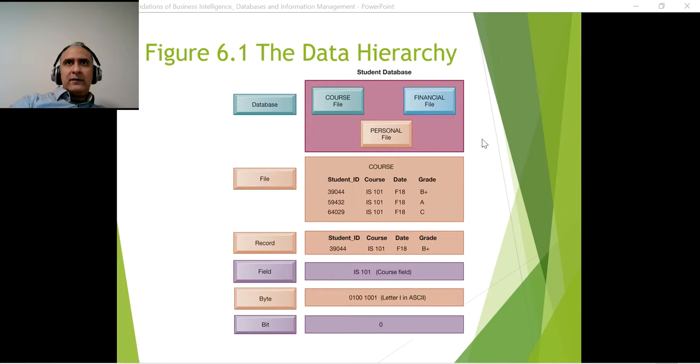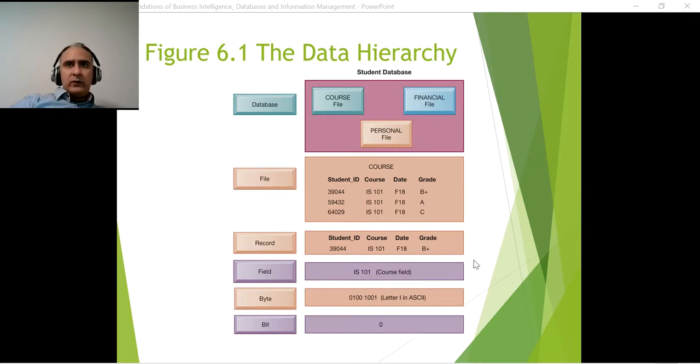So we have the courses separately. We have the personal files. We have the financial files. We have many things within that database. Each of those files will have different information. In this case, when we're talking about the personal file, we're talking about your ID, your course, your dates, your grades, etc.